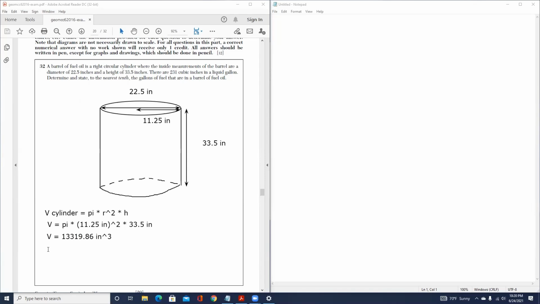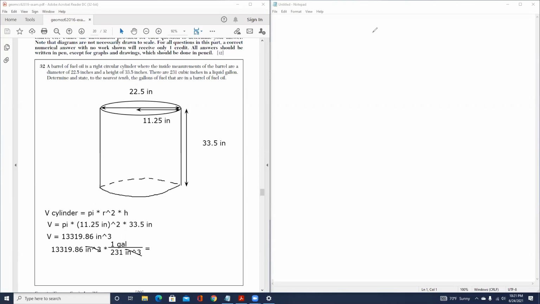Now we have three-dimensional analysis again, my favorite thing in the world. In this case, the units that we are able to cancel out are inches cubed, and we are left with only gallons.